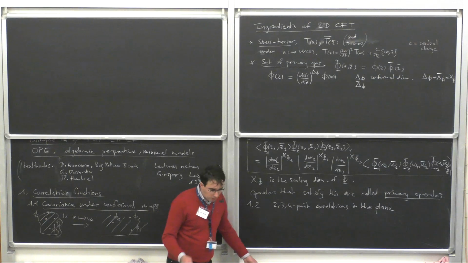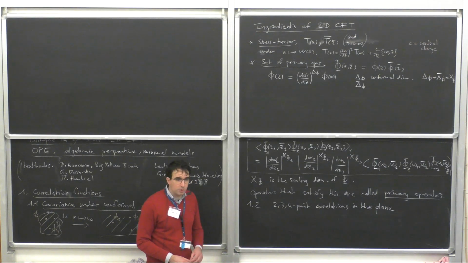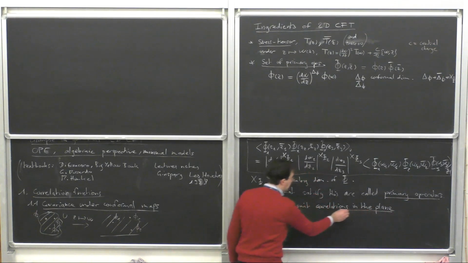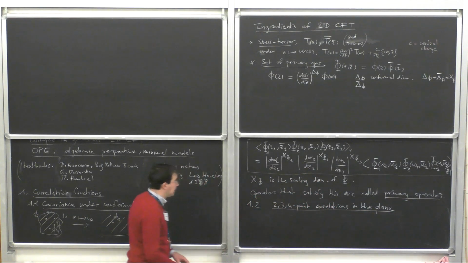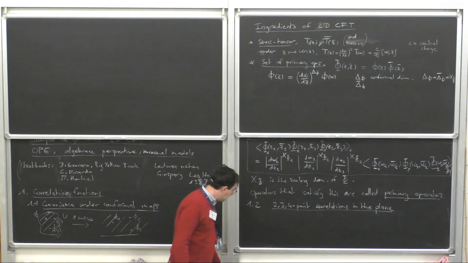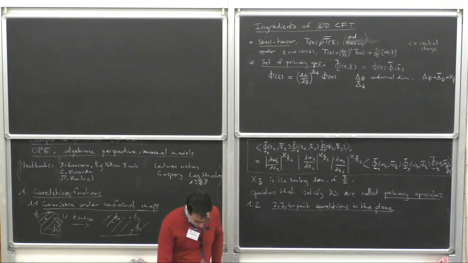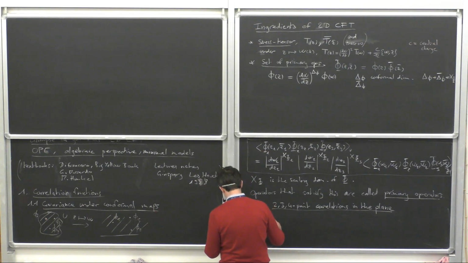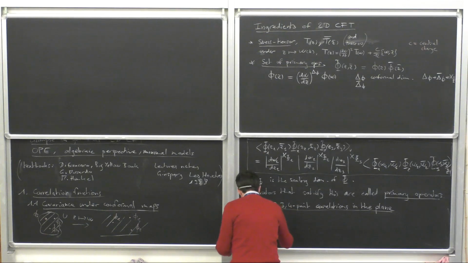No, I will use both words interchangeably. Okay, and so for this we are going to use some of the material we had in the first lecture, namely special conformal transformation. So let's start with the 2-point function.